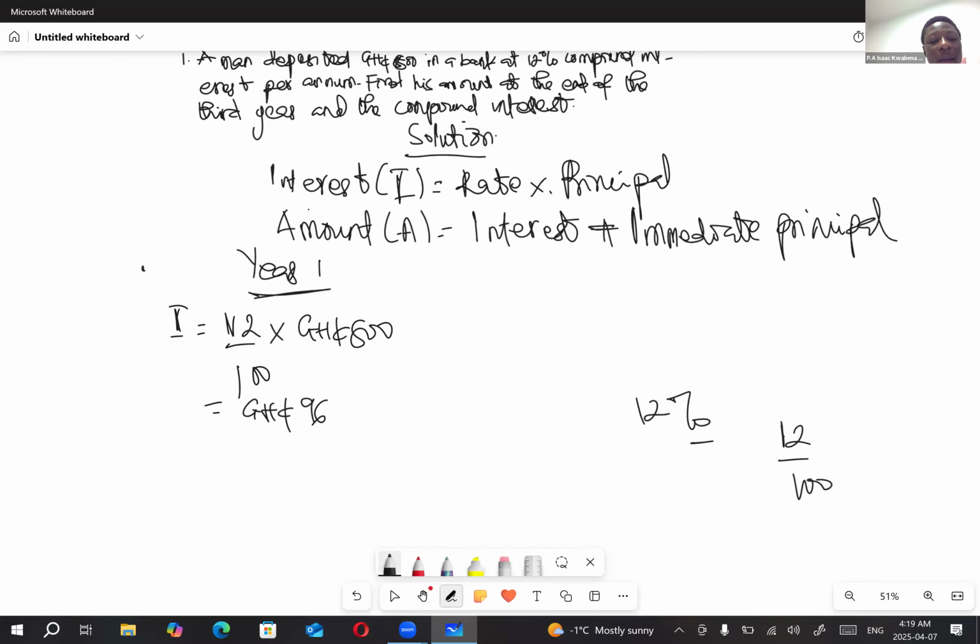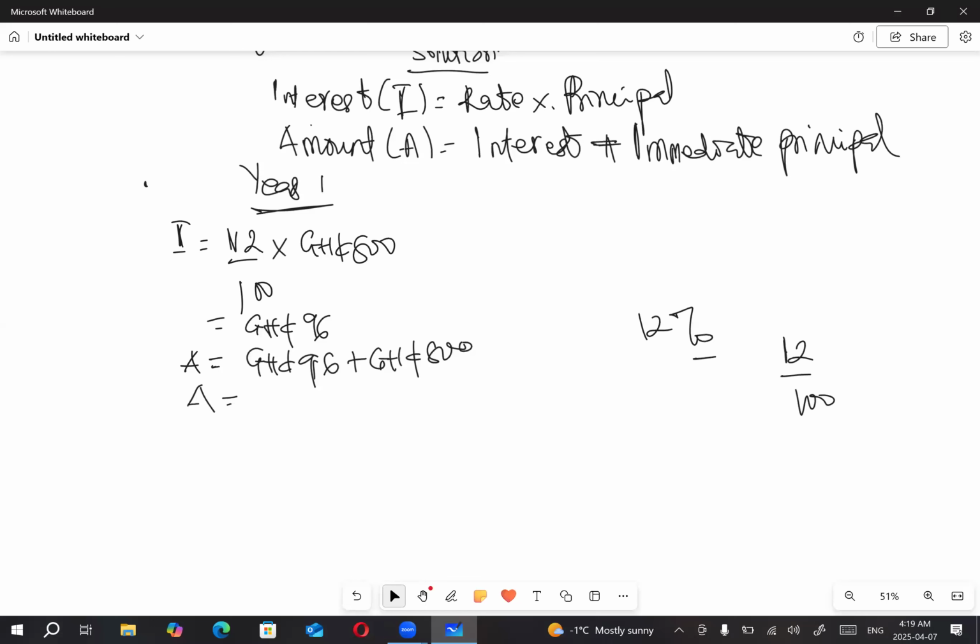Now this is where we get to understand the principle of compound interest. The principle says if you want to continue for any other year, they will add the interest you've gotten to the money you brought. The money you brought is 800. In all, he's having, what's the addition, please? 896 Ghana cedis. Yeah, 896.